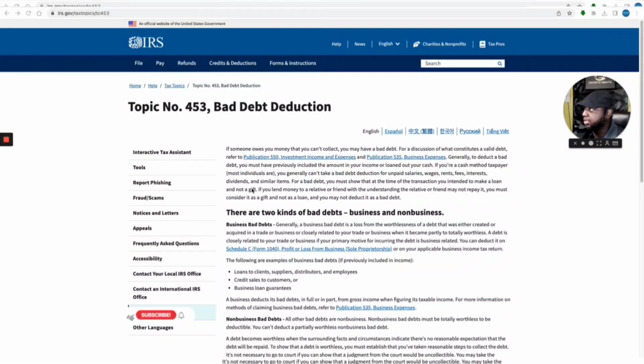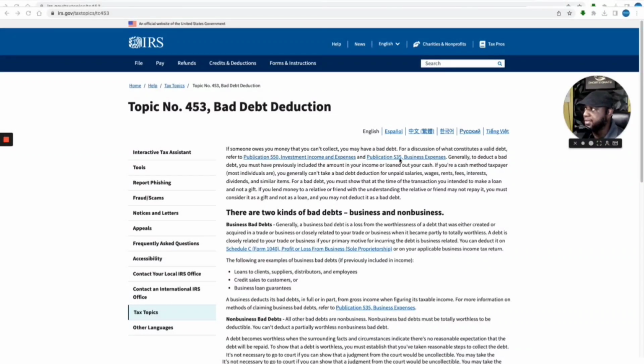That brings us right here to topic 453, bad debt deduction, on the IRS website. If someone owes you money that you can't collect, you may have a bad debt. For a discussion of what constitutes a valid debt, refer to publication 550, investment income and expenses. You click on that, check it out.